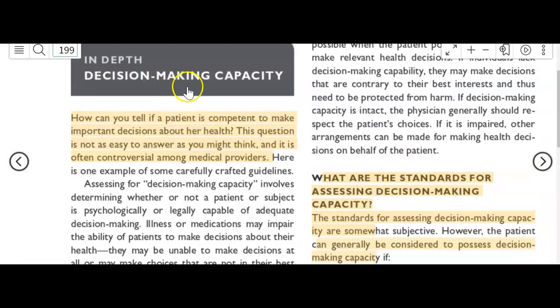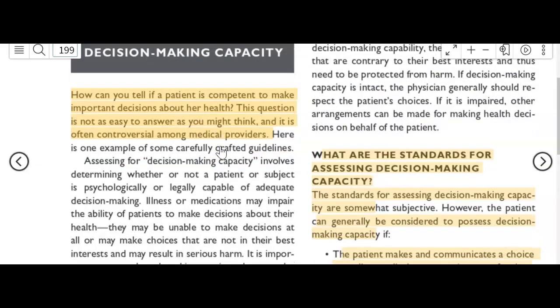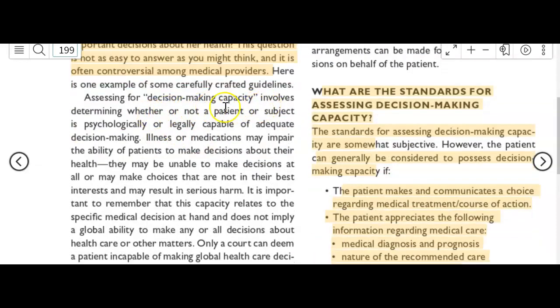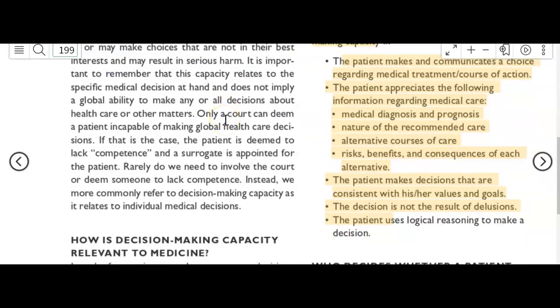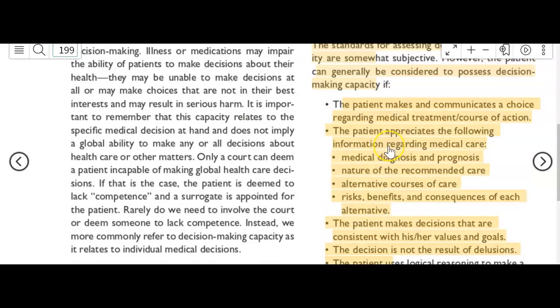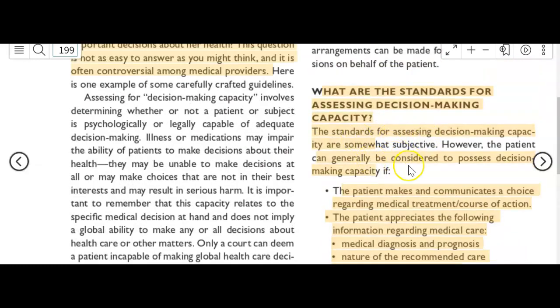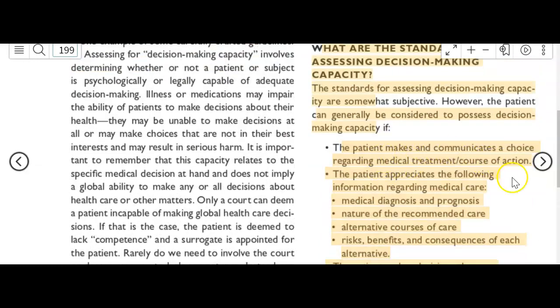Then there's that whole part about decision-making capacity. How do you decide whether or not a patient is competent to have decision-making capacity? Capacity means ability to make decisions. Things to assess: the patient makes and communicates a choice. The patient appreciates, they mean understands.